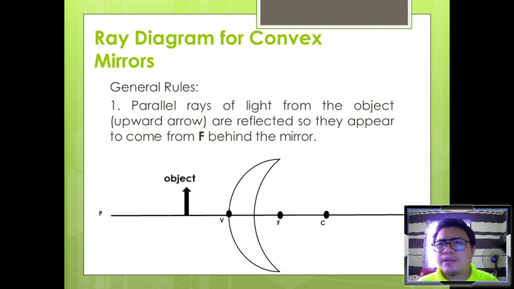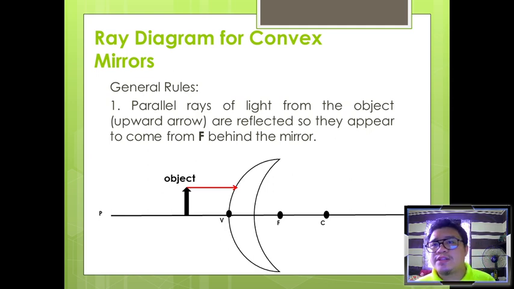All light rays that enter the mirror parallel to the principal axis are always reflected so that they appear to come from F behind the mirror. So how do we do this? For light rays that leave the object parallel to the principal axis, just draw a straight parallel line and let it hit the surface of the convex mirror.